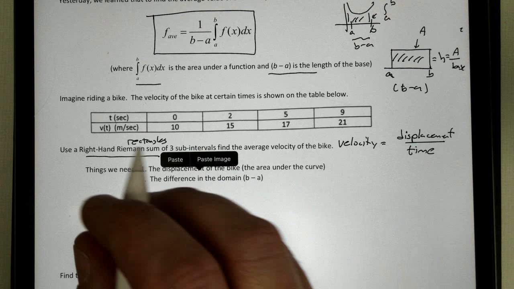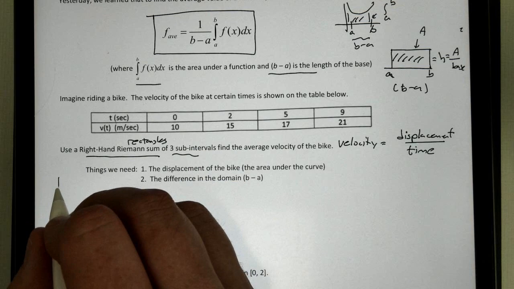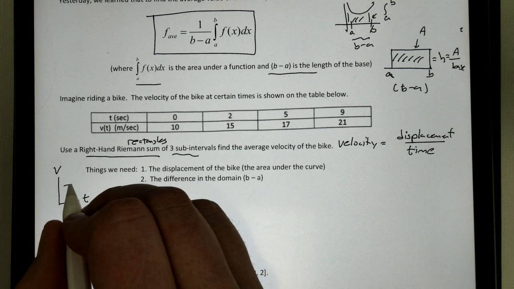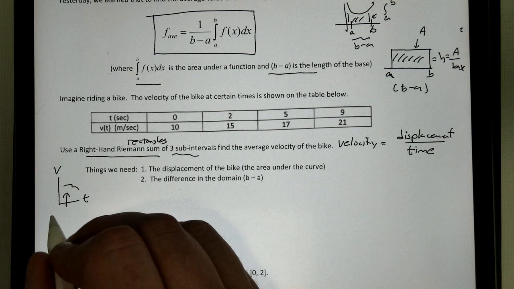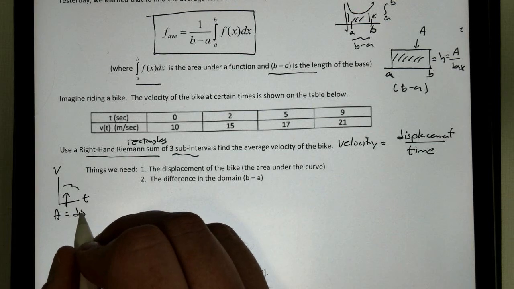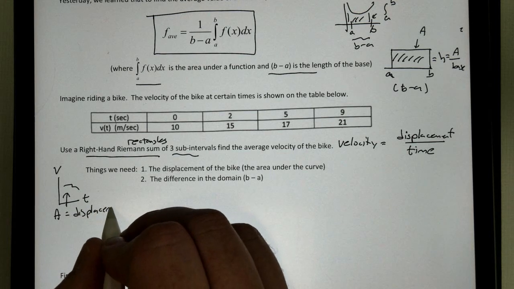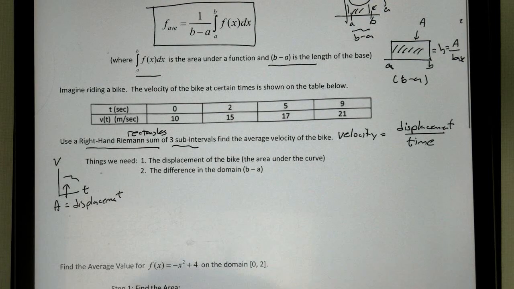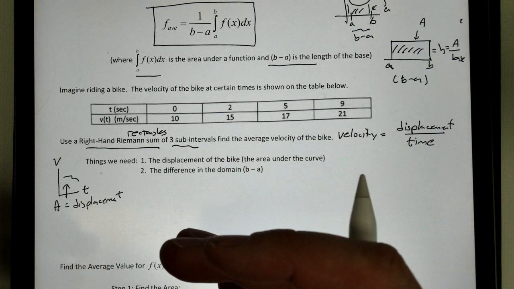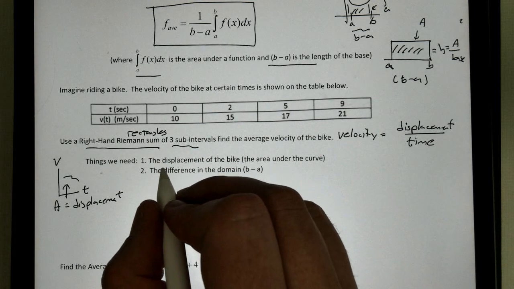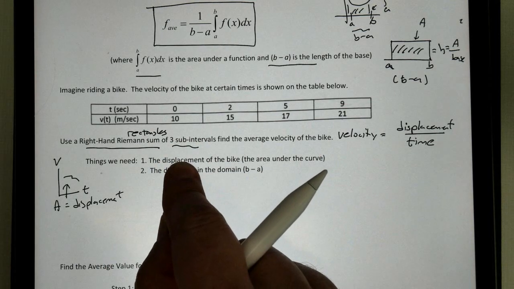Well, from physics, if we're given a velocity time graph, we know that the area under a velocity time graph is displacement. So we want to first find the displacement of the bike.